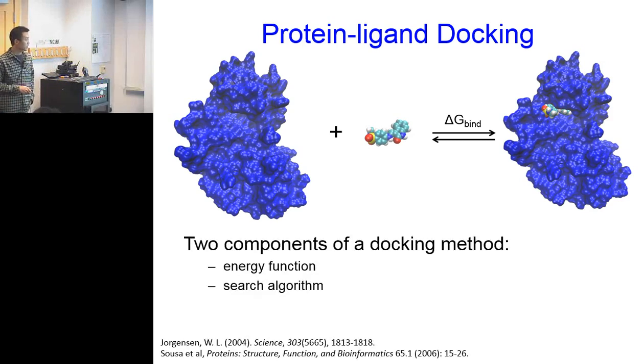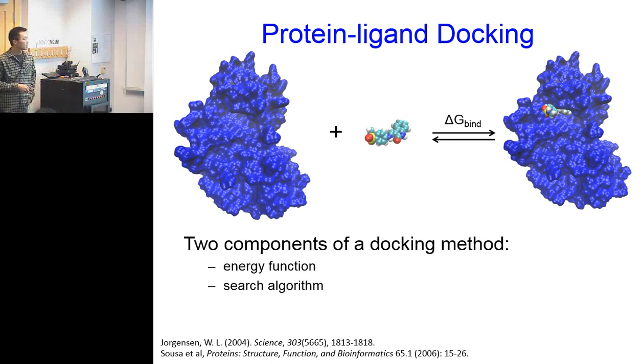So the approach we have in protein-ligand docking is, instead of calculating this quantity directly, we make an approximation: we design an energy function to approximate this quantity. Hopefully, we can recapitulate what is happening in the binding process.